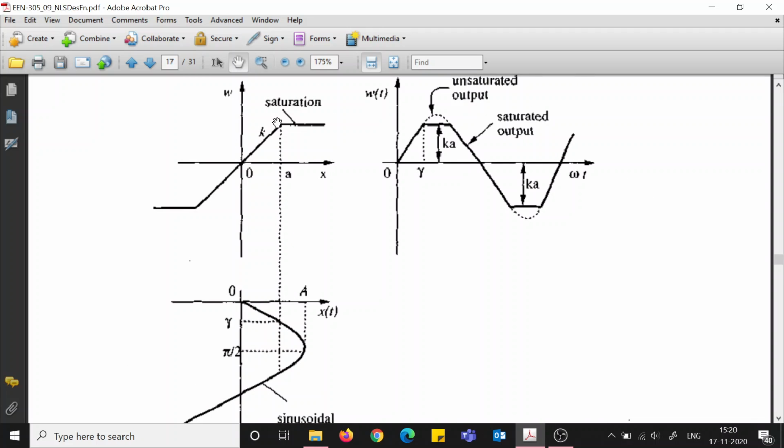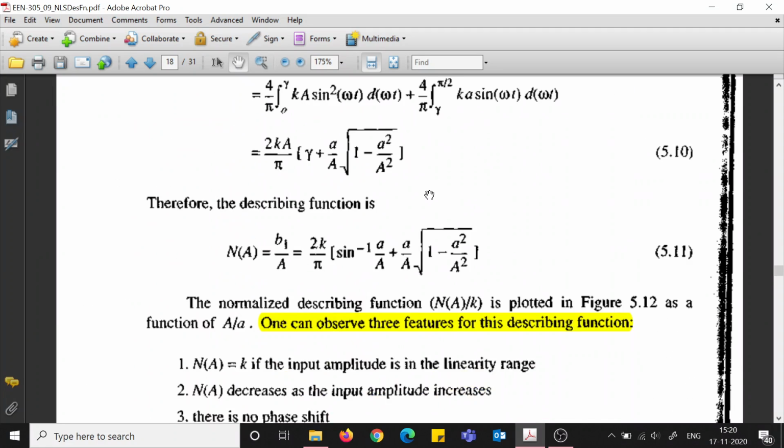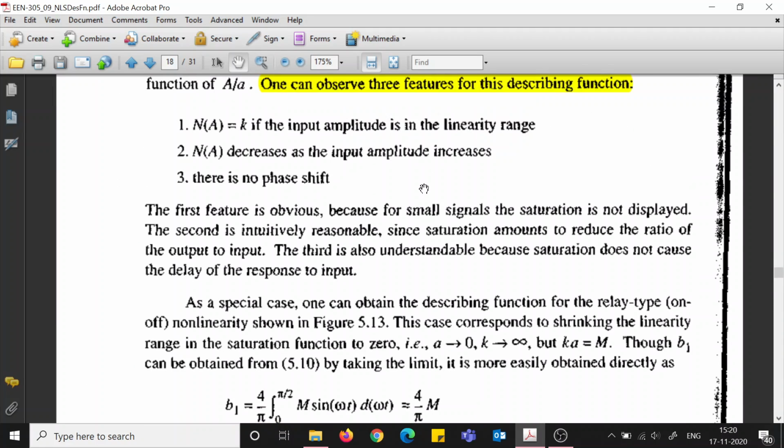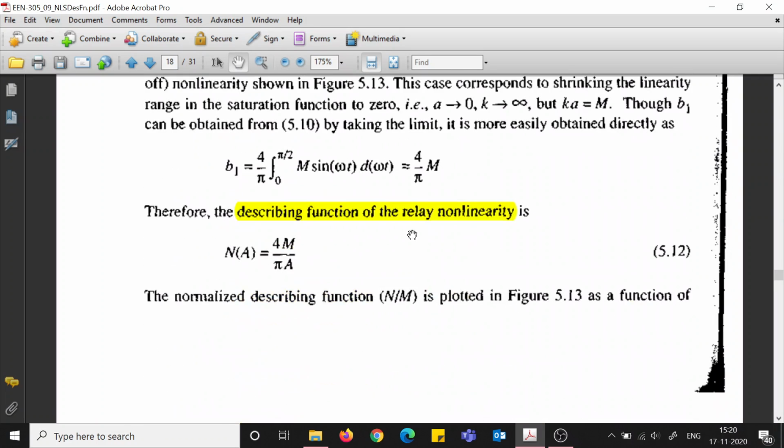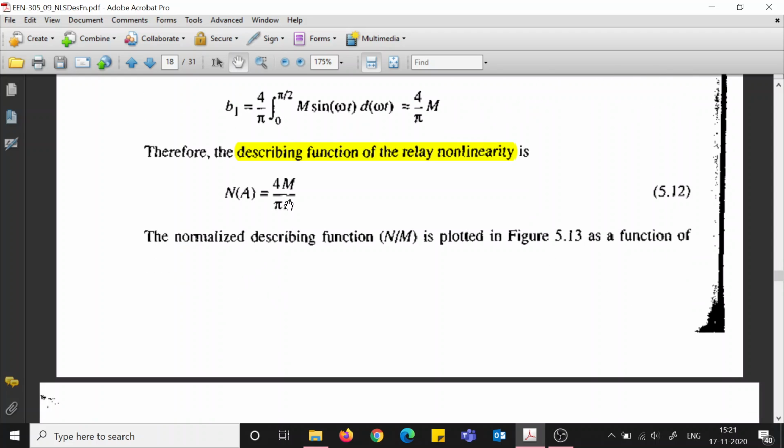So a becomes 0, k becomes infinity, and when you put that in this particular expression, b1 will become 4m by pi, and Na will become 4m by pi a. You can remember this one. The describing function of a relay nonlinearity is very simple to remember, 4m by pi a.